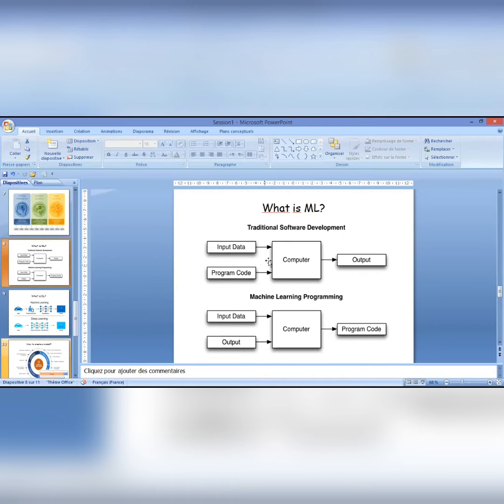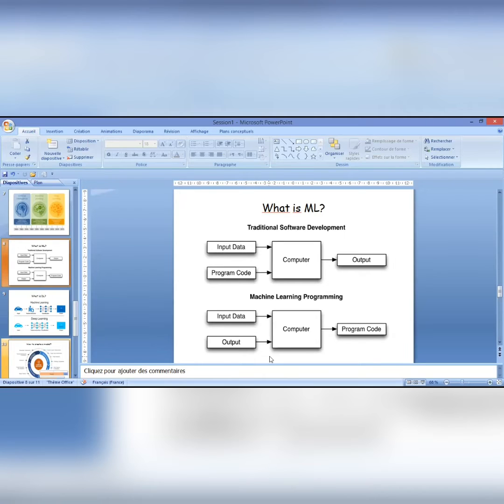And we upload those two to the computer to give us an output. Okay, but when it comes to machine learning, what is the difference? We will always have the input data, but we will also have what the output should be, or what the output is for this kind of data.